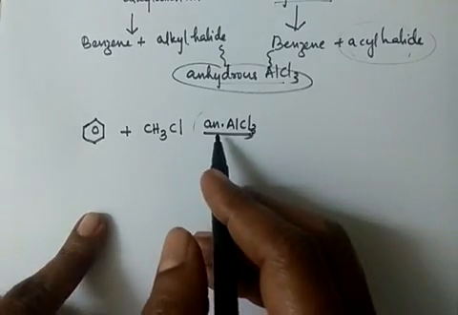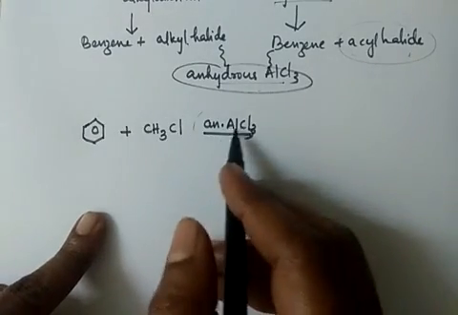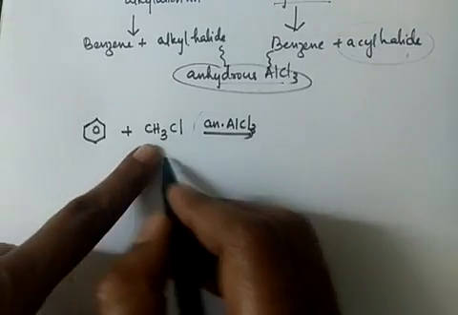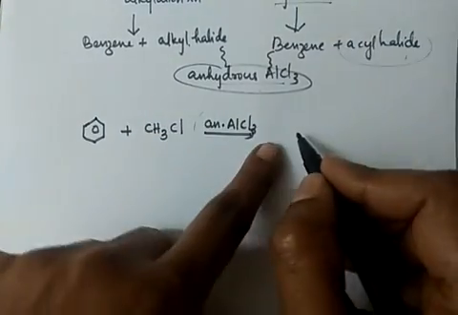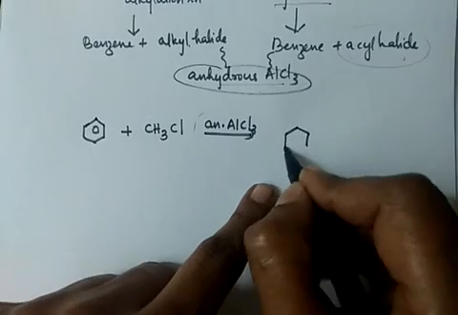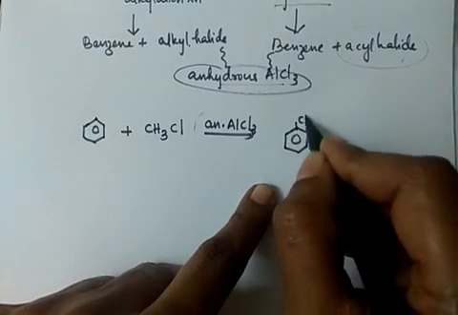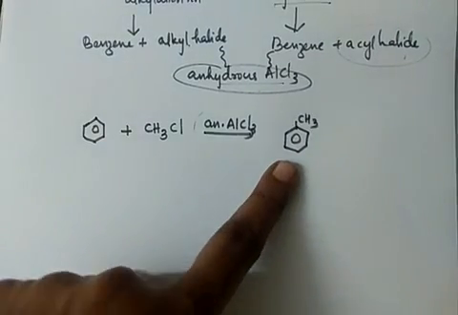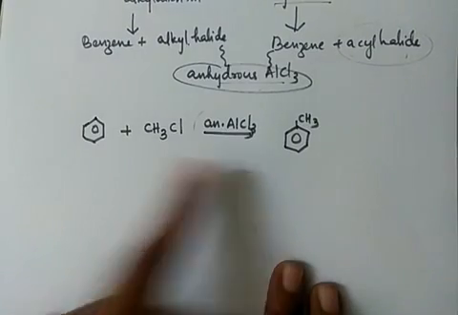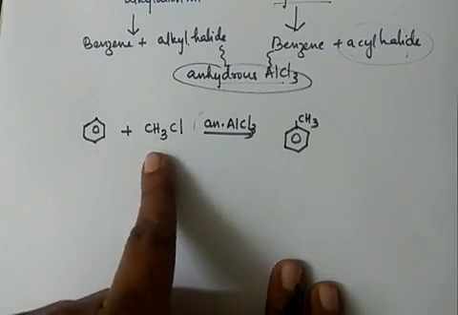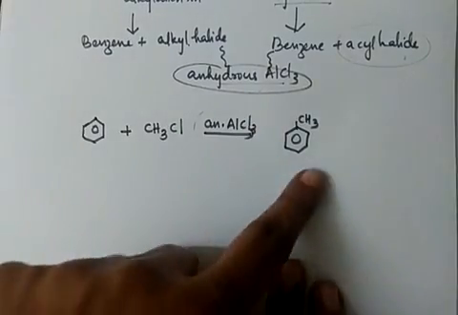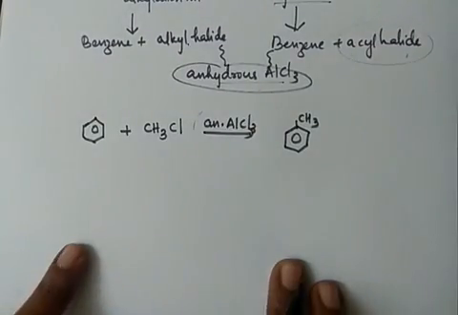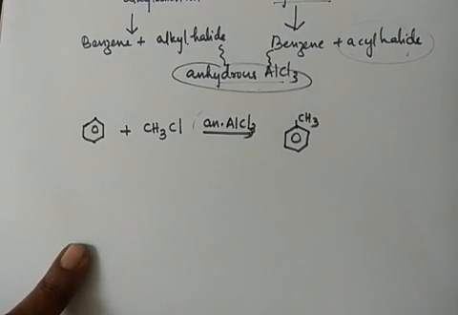Here the methyl group attacks this carbon, and toluene is formed when benzene is treated with an alkyl halide, methyl chloride. This is an example of Friedel-Crafts alkylation reaction.